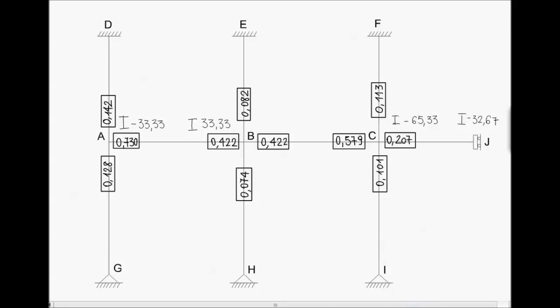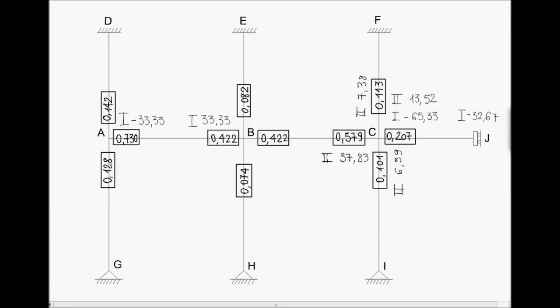Well, we have to start from the most unbalanced node, which in this case is node C. So we have to distribute the bending moment which is present on node C according to the distribution factors of the beams converging in node C. So we obtain these values of the second bending moments. They are of course positive, since they have opposite sign with respect to the first bending moments.